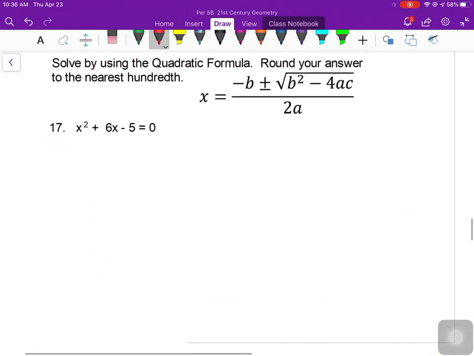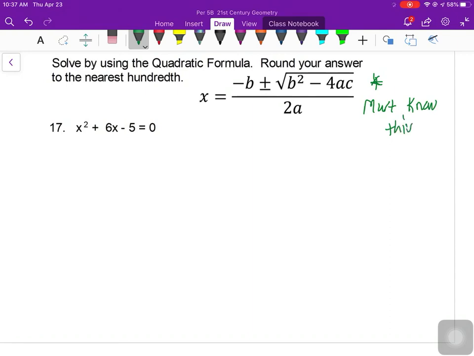Let's try another of these. So yet again, we're going to use the quadratic formula, and you must know this. In this problem, the A is 1, the B is 6, and the C is -5.